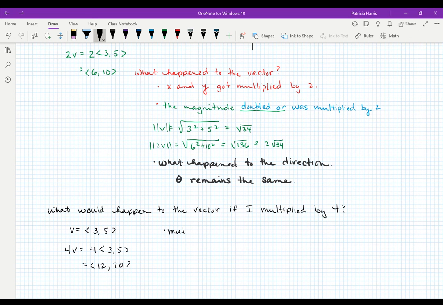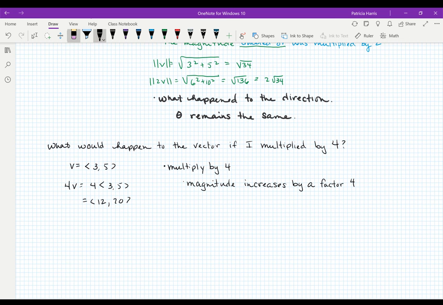So magnitude increases by a factor of 4, and theta does not change. Okay? All right.